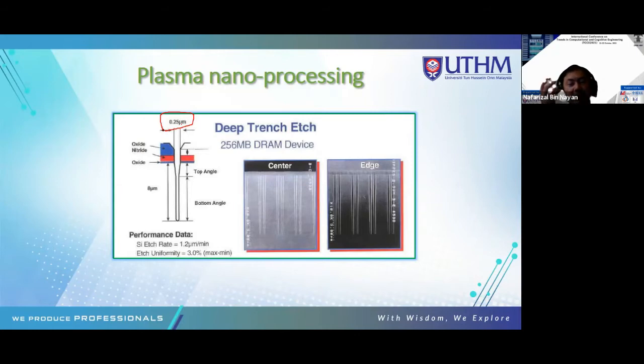We cannot see it with our naked eye, so we have to use a special tool to see it. But we are talking about the technology that can create 1,000 transistors inside one single hair. That is a very sophisticated and critical technique that we need to use.